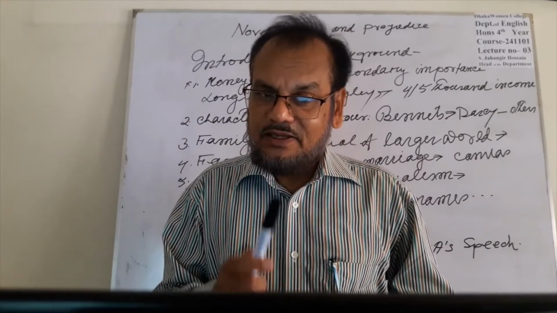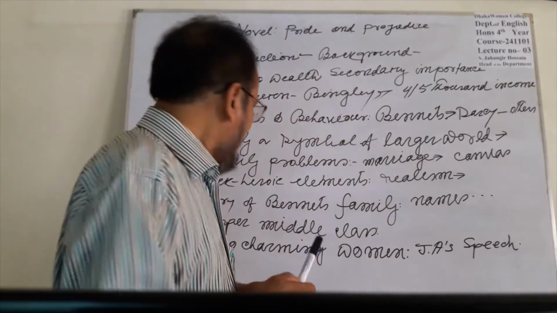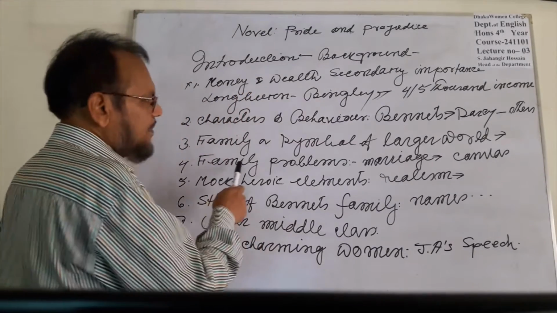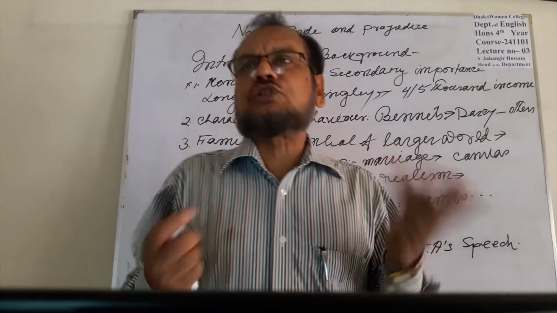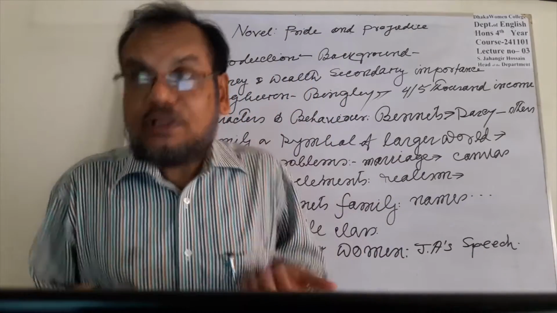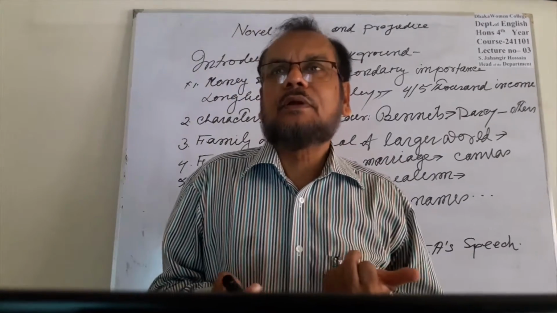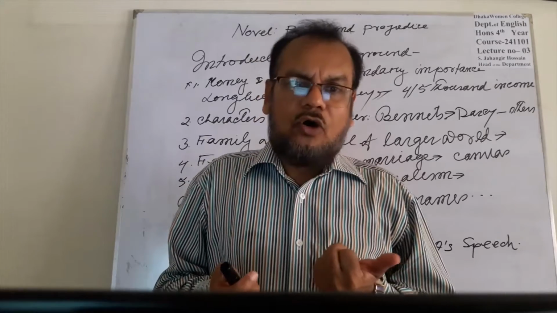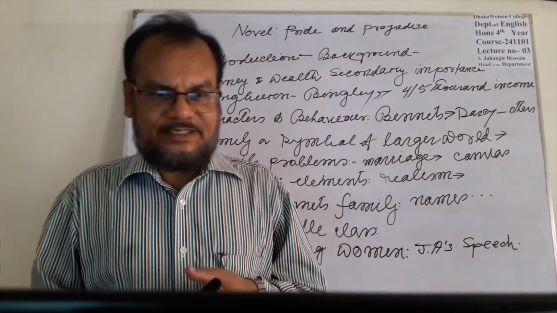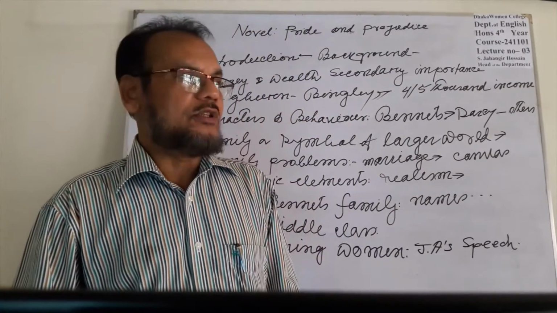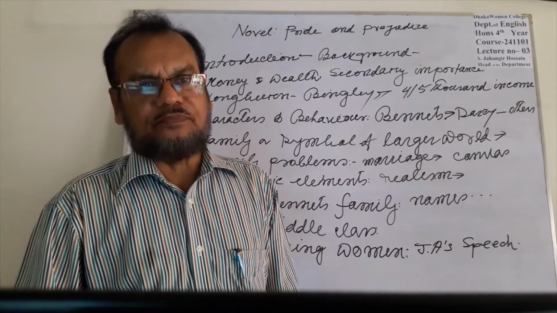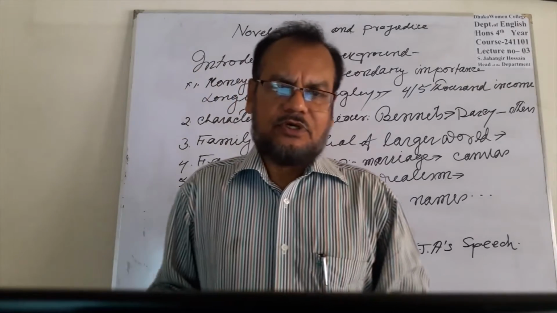Okay, dear. Next, family problems. Of course, we are social beings. We are human beings. So we have a society, and of course we should maintain all the rules and regulations of the society.